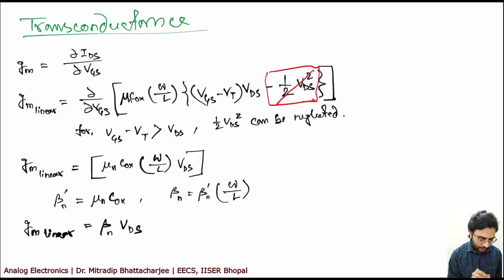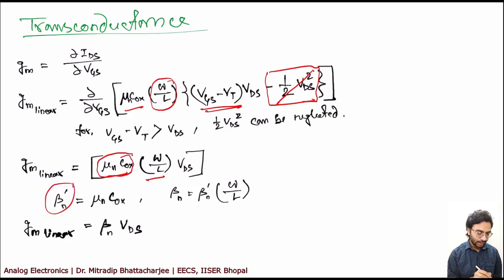You will find mu Cox W by L is constant. So mu n Cox W by L, this is NMOS, that's why we wrote mu n, came outside, and then the differentiation of VGS is equal to 1. So you have mu n Cox W by L VDS, and here this mu n Cox can be written as beta n dash.